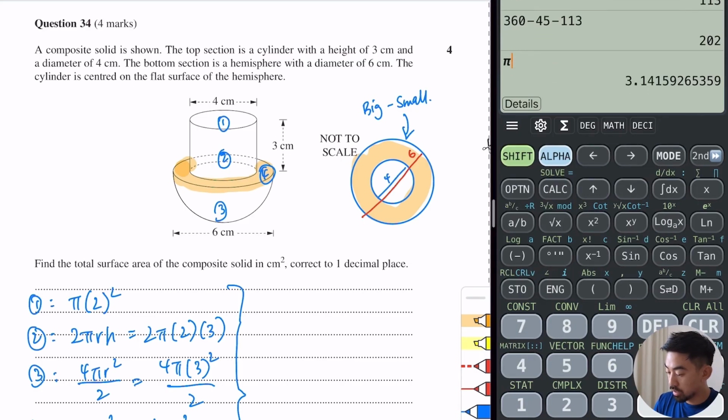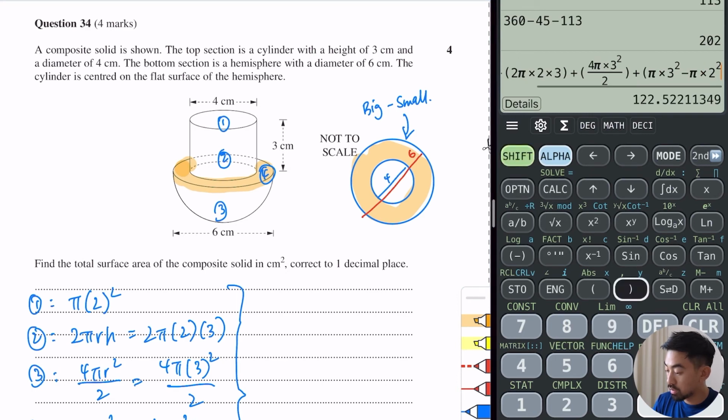So pi times 2 squared plus 2 pi times 2 times 3 plus 4 pi times 3 squared over 2 plus pi times 3 squared minus pi times 2 squared.